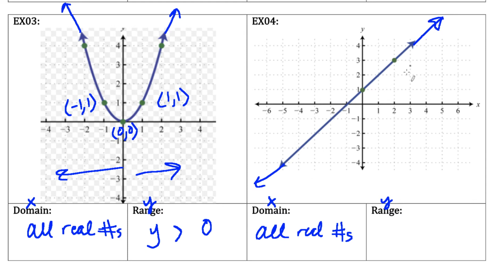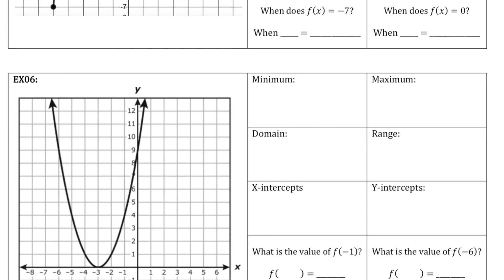It's diagonal up, but it's always going up and it's always going down in opposite directions. So this is also all real numbers. Remember, they keep going on forever because these are arrows. Okay, so let's look at the actual work for the day.